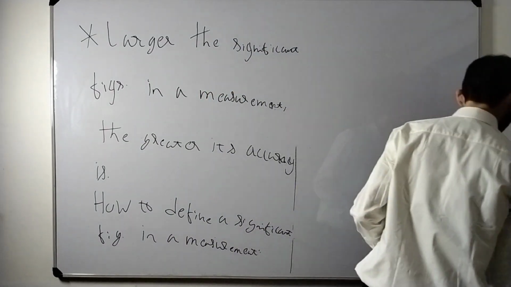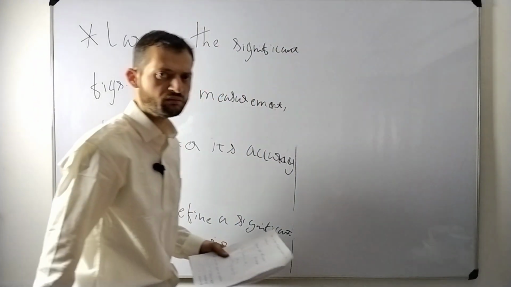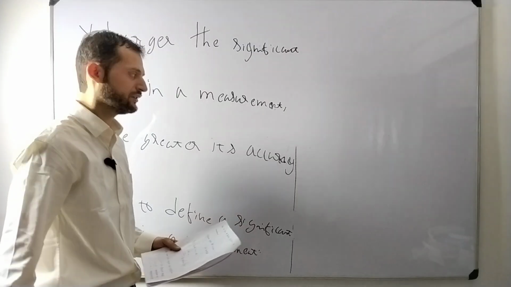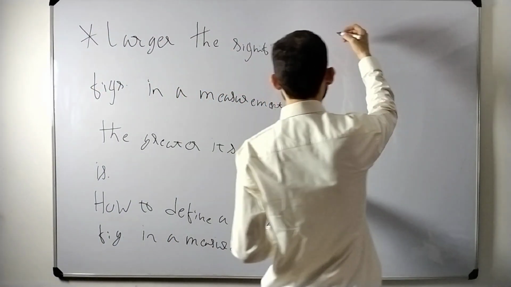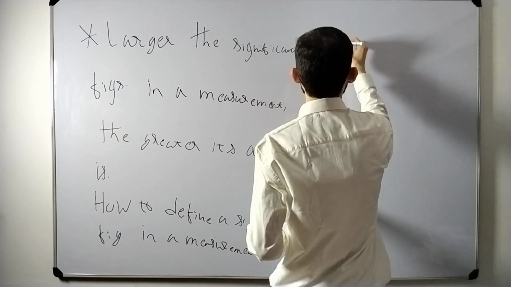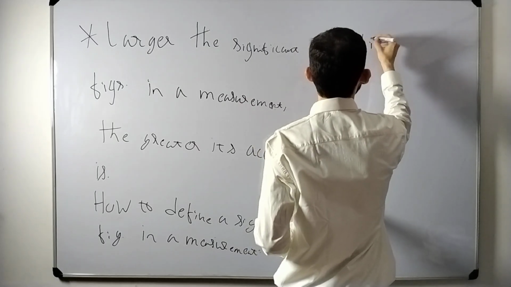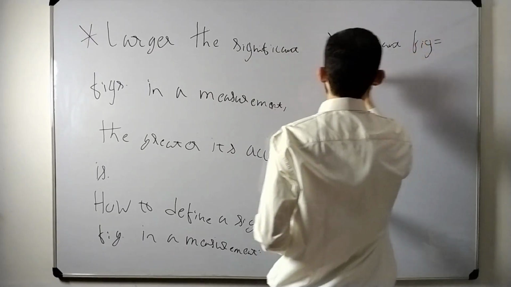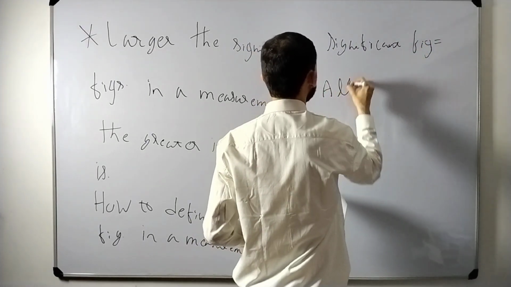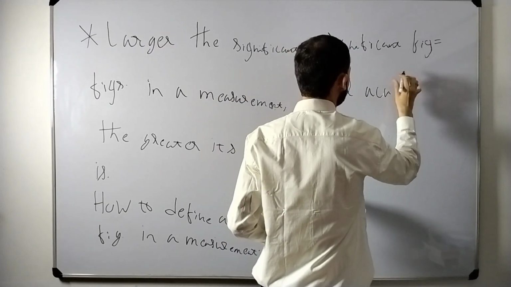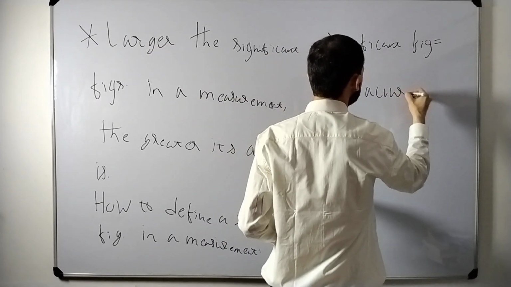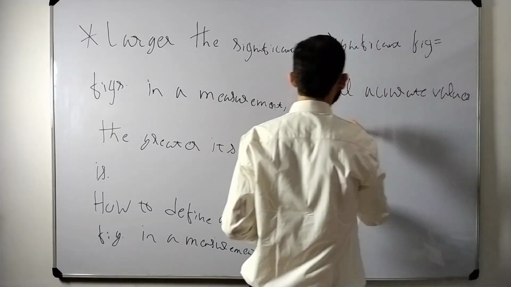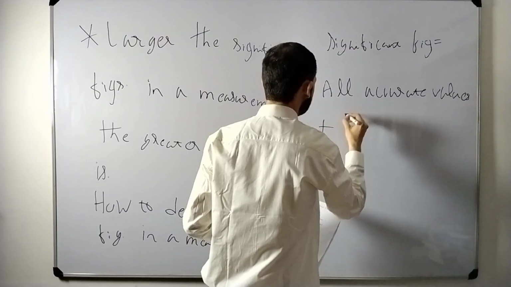But there is one step that scientists have taken ahead of us: they define significant figures in a measurement as all accurate values plus the first doubtful.